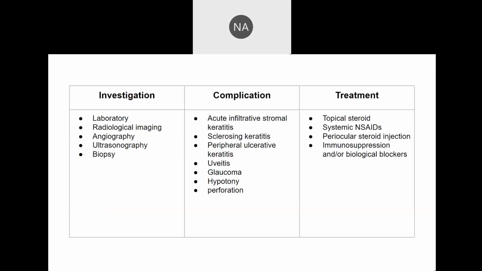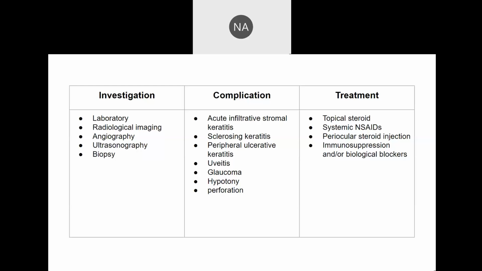For the investigation, we can do laboratory tests, radiological imaging, angiography, ultrasonography, and biopsy. The complications of anterior immune-mediated scleritis include acute infiltrative keratitis, sclerosing keratitis, glaucoma, hypotony, and perforation.